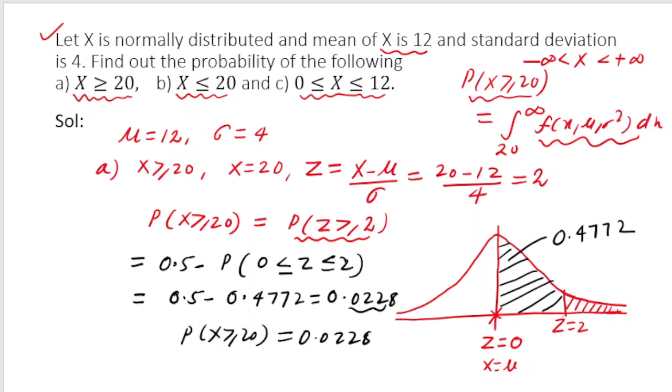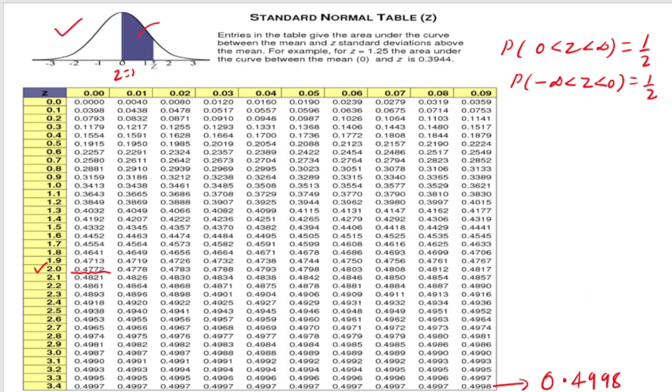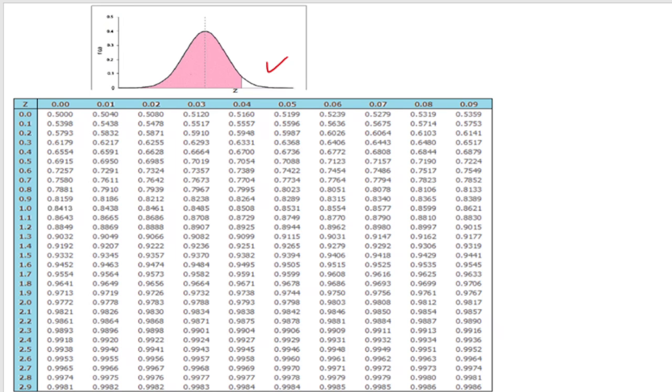Now I personally prefer to use this table, but I also want you to see the picture through the other table. If you look at this table, and I want to calculate the probability for Z greater than or equal to 2, this table gives me the total area to the left of z. So if you look at this value, z equals 2 here, and what is the total area they are providing?